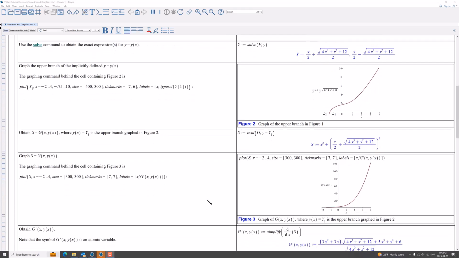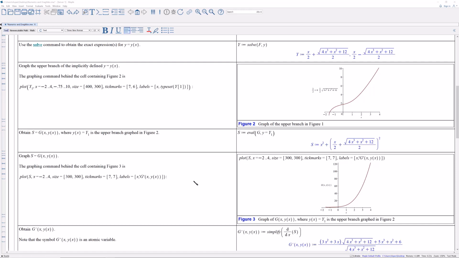Then I drew its graph. Again, here's the plot command. I didn't hide the plot command in this particular cell. And this is what it's going to look like. So whatever the function g might be, you're going to get some graph of g of x, y of x.